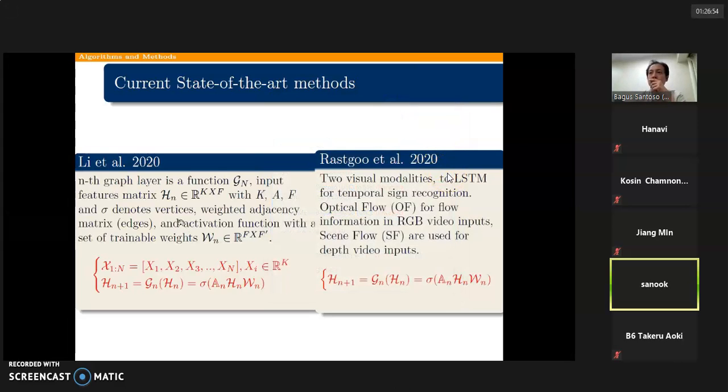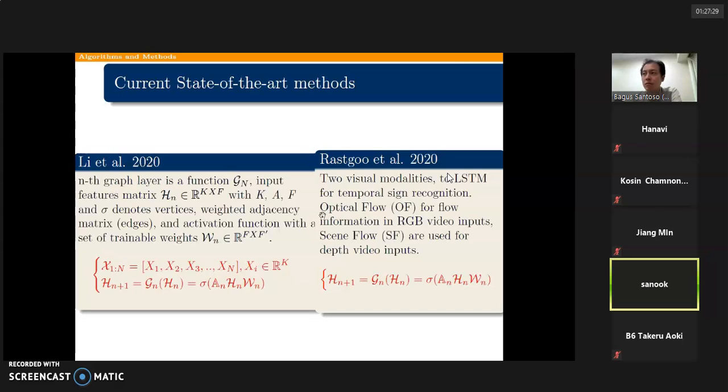In this graph, they consider parts of the human body as the edges and vertices, and they train the convolutional neural network. Then there is another work by Rasgul et al. 2020 that developed the same deep learning network, but used multimodality sensing information, where they fused two sensing modalities, the RGB camera and the depth sensor, to extract features from the hands of the deaf and also some parts of the body.